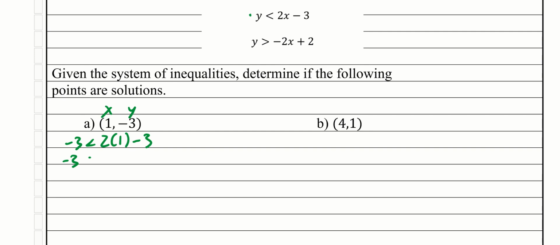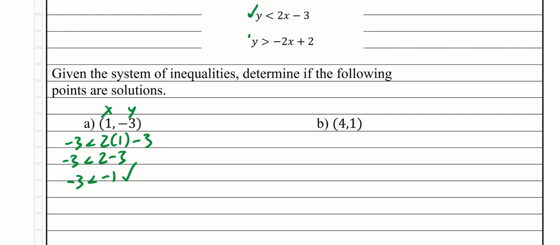So negative 3 is less than, I could multiply 2 times 1 to give me 2, and then minus 3. And then negative 3 is less than 2 minus 3, which is negative 1. So ask yourself, is negative 3 less than negative 1? It is, so it does work for the first inequality, but now I need to check and see if it works for the second inequality.